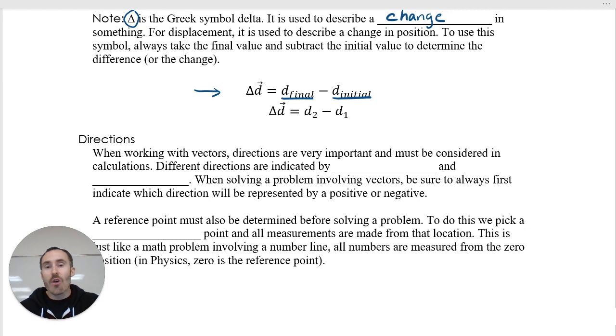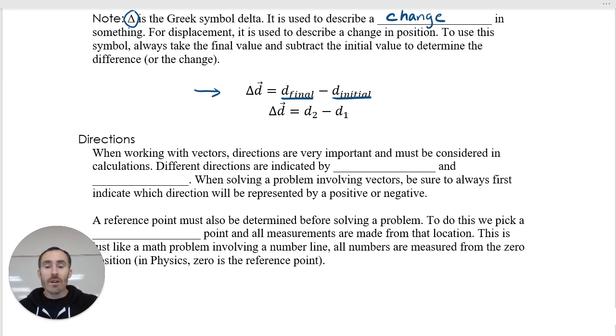If you know the x and y coordinates of something at the beginning and the end of its motion, then if you subtract those, you get the change in position. Most often we're not going to need to use a formula for calculating displacement. You're going to be able to calculate it just by thinking it through.